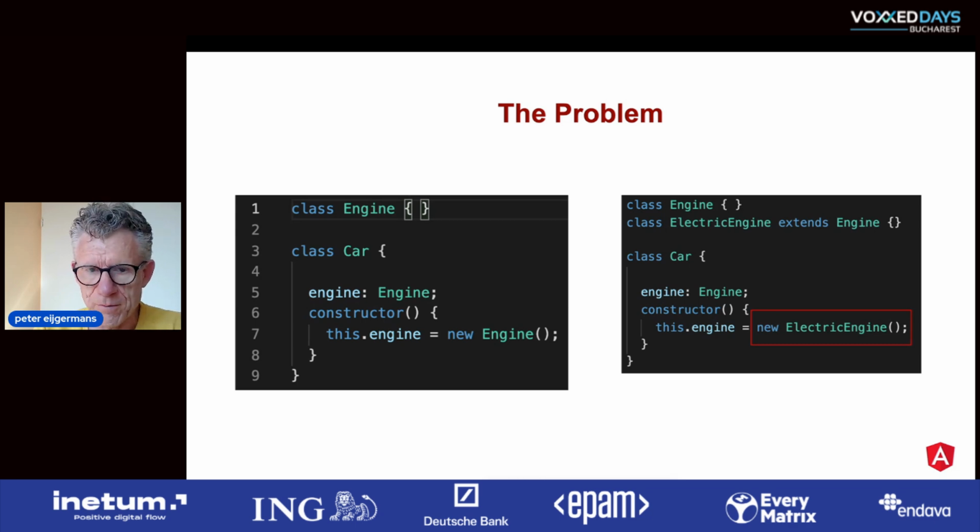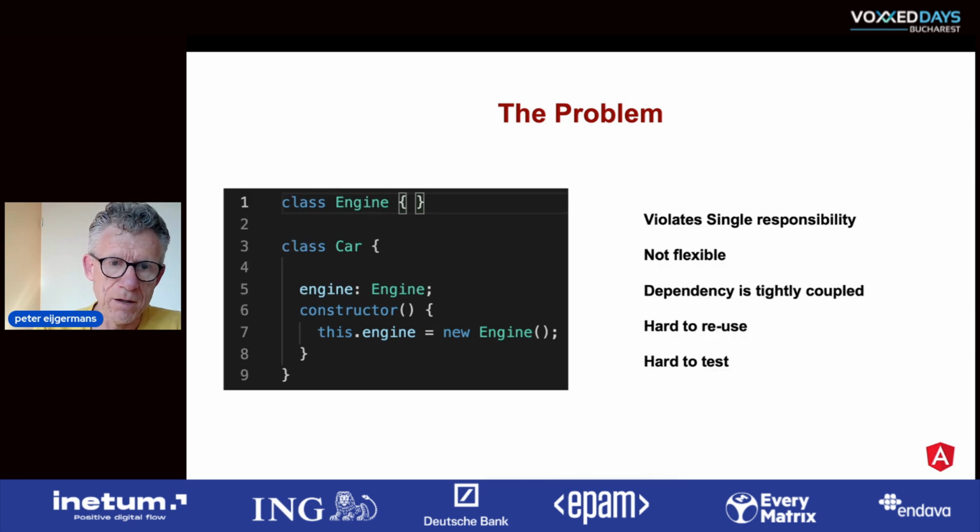You cannot inject a mock engine, for example. So it violates the single responsibility principle. The class is responsible for creating the engine, and it is not flexible. Everything is tightly coupled.